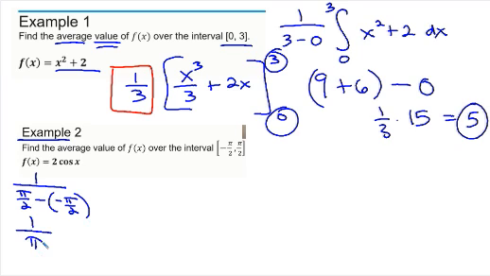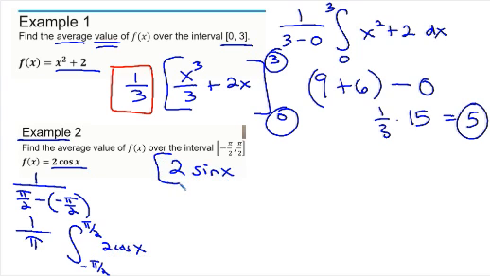And I'm doing the integral from negative pi halves to positive pi halves of my function, which is 2 cosine of x. And so my antiderivative of that is going to be 2 sine of x evaluated from negative pi halves to pi halves and multiplied by this 1 over pi.